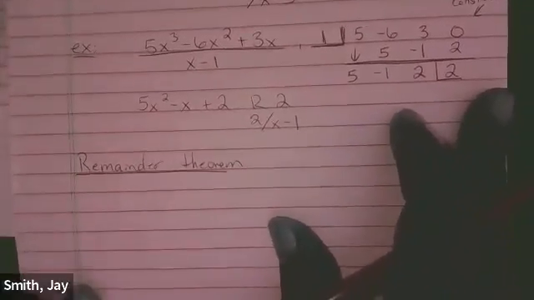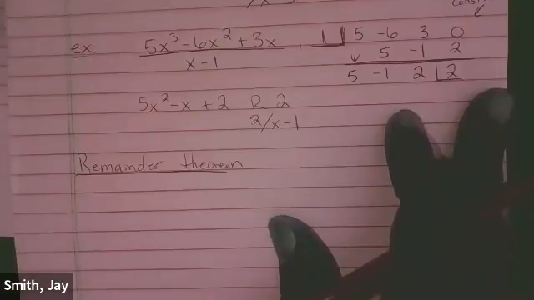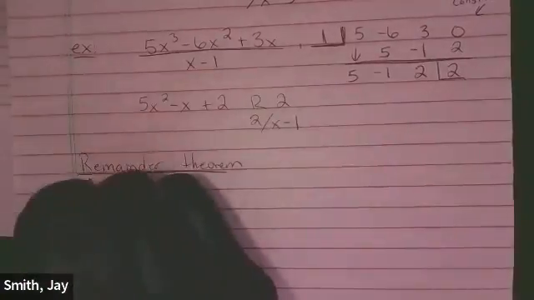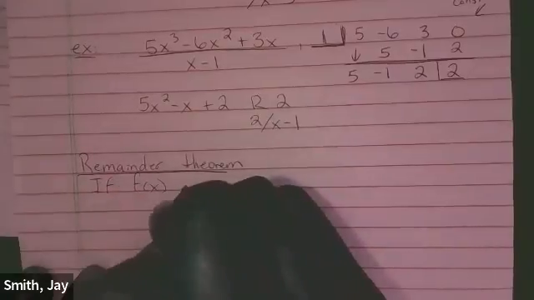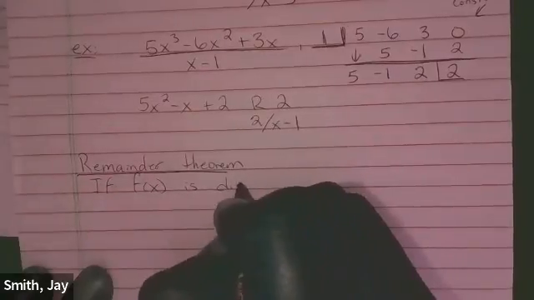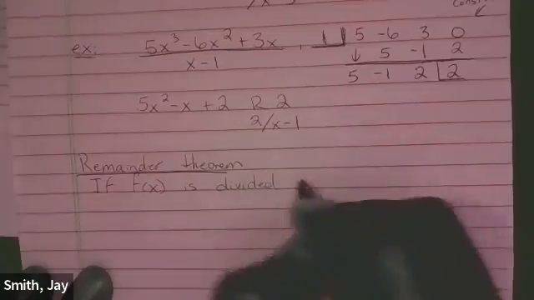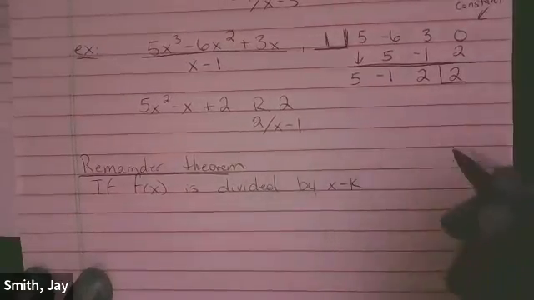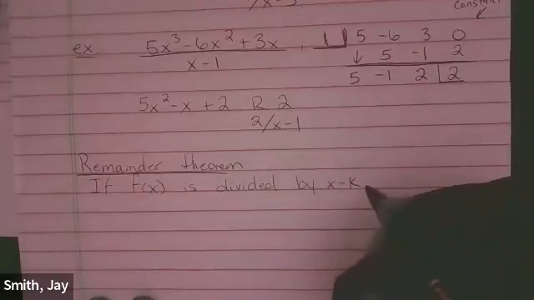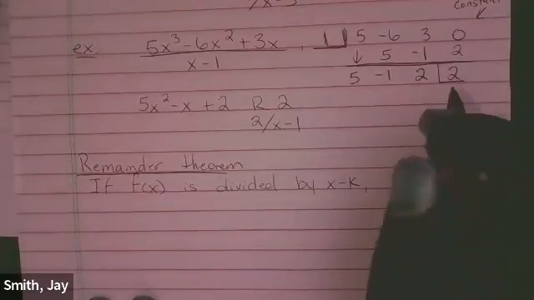All right, so the remainder theorem says that if f of x is divided by x minus k, which simply means that it matches form for synthetic division, then the remainder is equal to f of k.